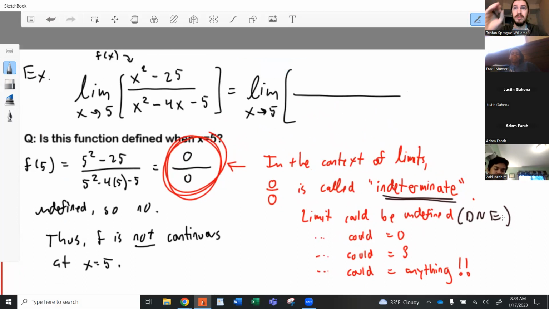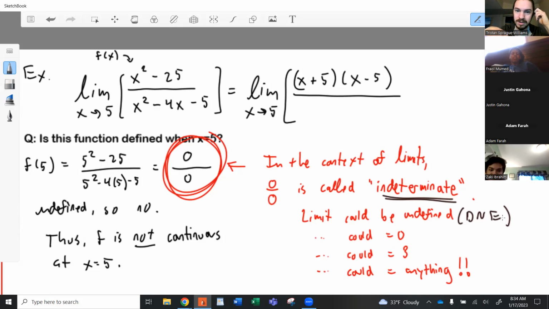Let's factor the numerator. X squared minus 25 is a nice difference of squares. So you may remember the way this factors is like this. I'm not really planning on reviewing factoring. I figure you guys have probably been factored to death in previous classes.